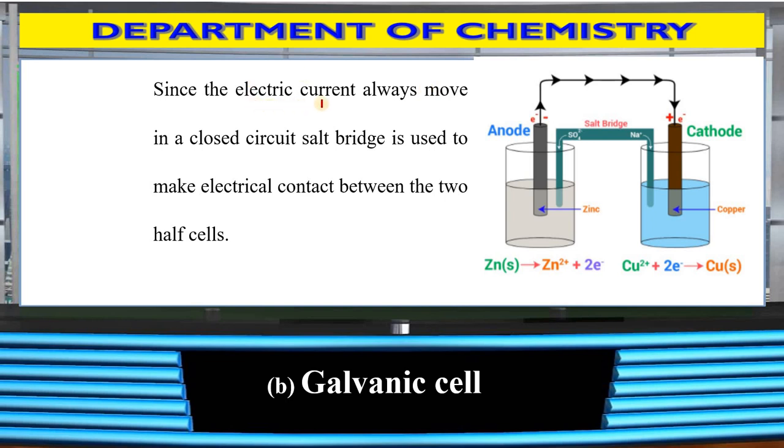right? Since that electrical current always moves in closed circuit, salt bridge is used to make the electrical contact between the two half cells. Means for the formation of current, there is a need to transfer of electrons from anode to cathode.